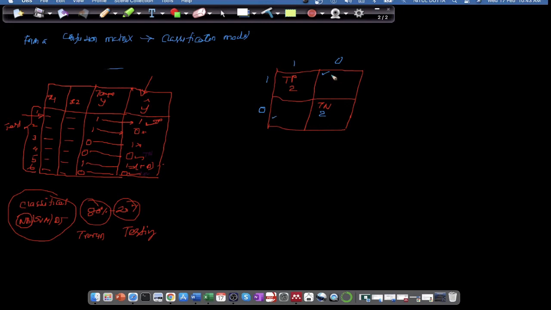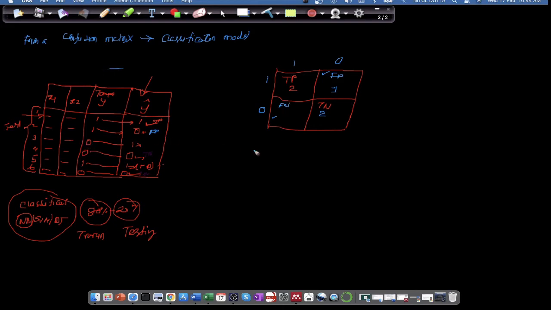This cell will represent false positive. False positive means this was actually 0 but predicted as 1. It is falsely evaluated as positive, and there is only one such case, while the others were correctly evaluated. So false positive is 1. And this one represents false negative.